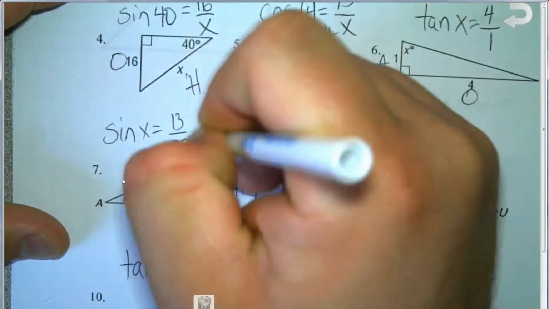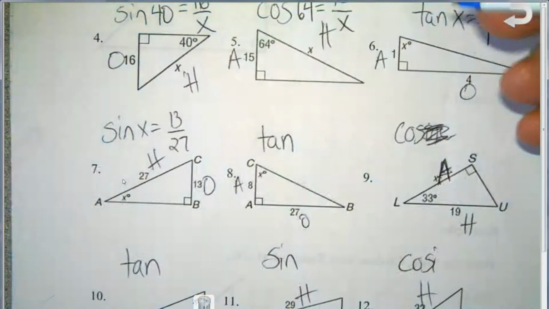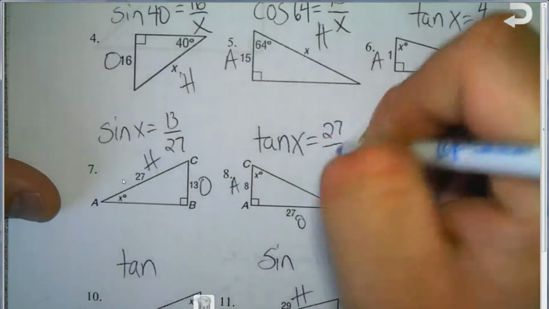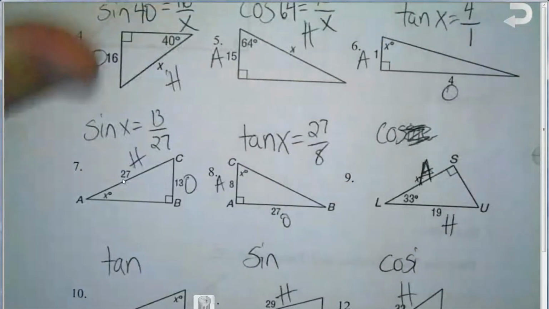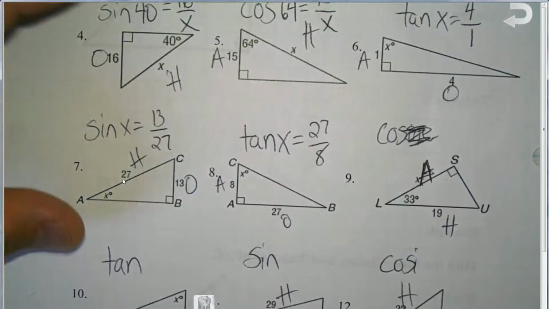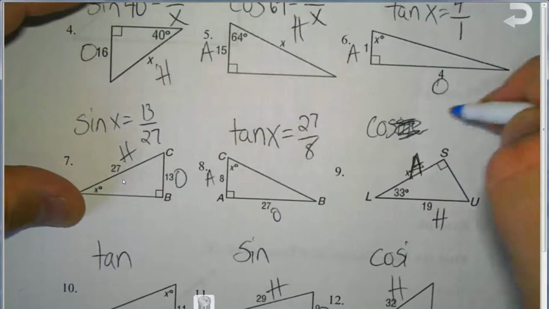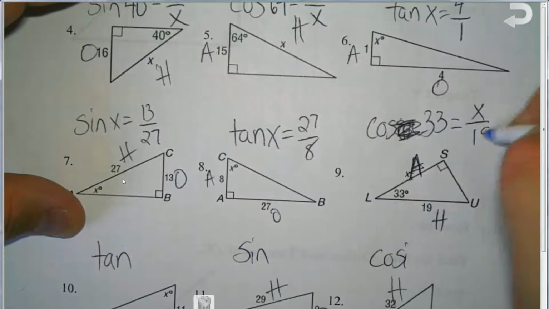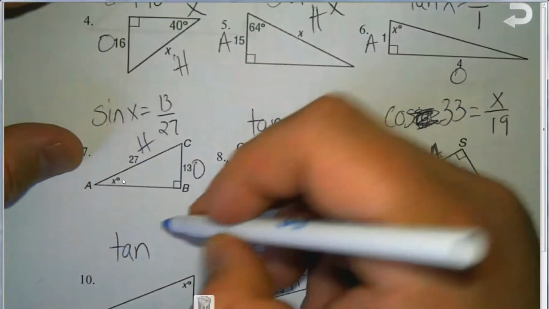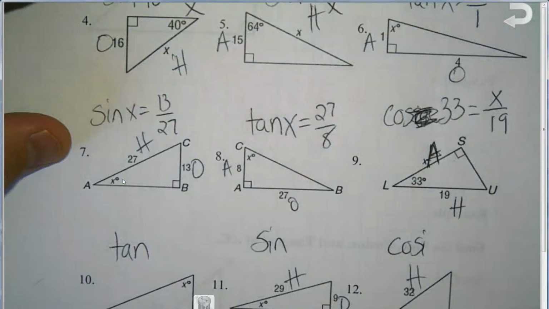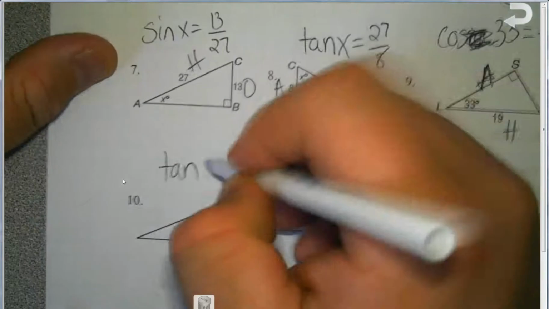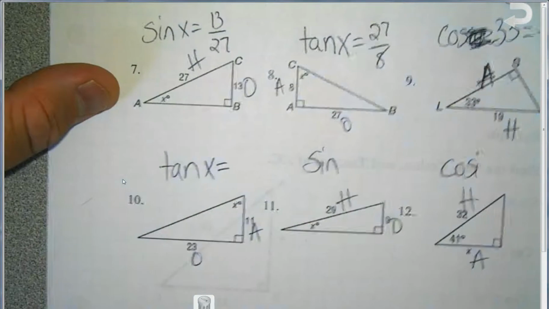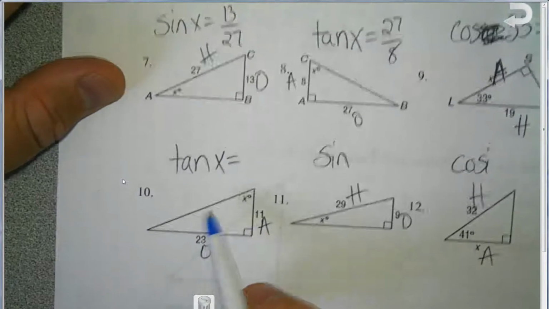Perfect. Number 8, Dakota. Tan x equals 27 over 8. Perfect. Number 9, Jeffrey. Cosine 33 equals x over 19. Good. Number 10, Nancy. 2 x equals 11. Which one? Are you good with that? Yeah.